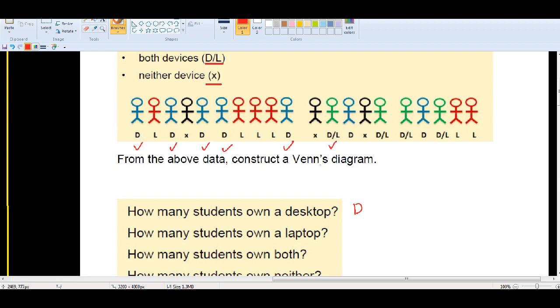Of course it's also included, because if he has both a desktop and laptop, that means he has to own a desktop, right? So basically it would be the green color and blue color. How many of them? 3, 4, 5, 6, 7, 8, 9, 10, 11. So there are 11.